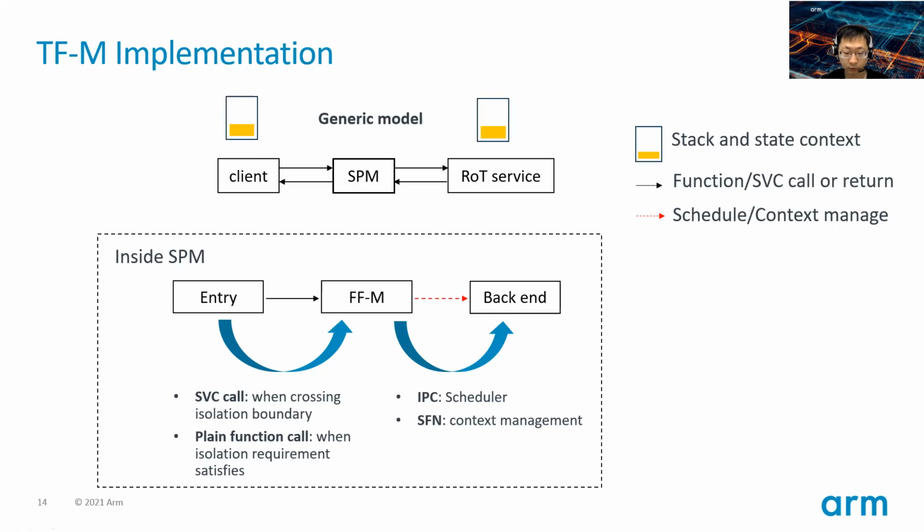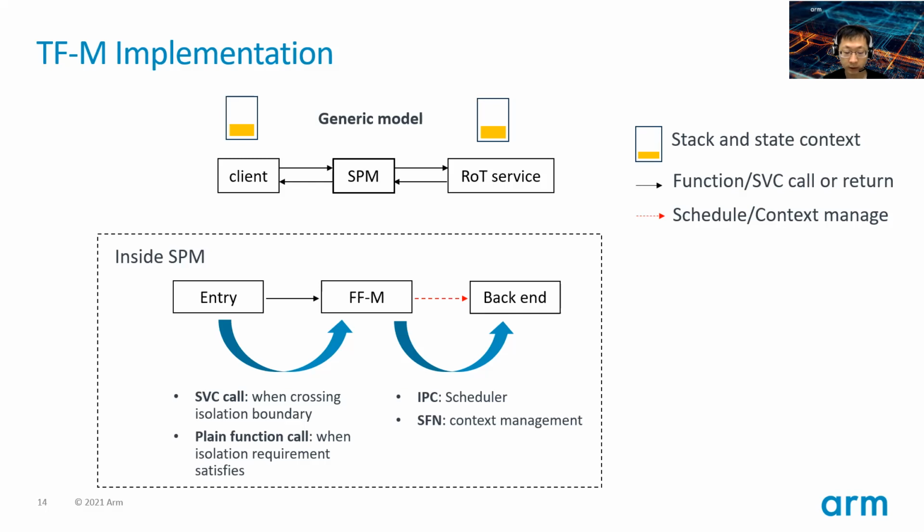The generic model of the two models is the same. Inside SPM, TF-M implemented three parts: the entry, the FM part, and the backend part. The entry checks the isolation requirements. If crossing boundary is required, it will use an LVC call. Otherwise, it uses a plain function call to FM APIs. In the IPC model or high-level SFN model, crossing boundary is usually required.